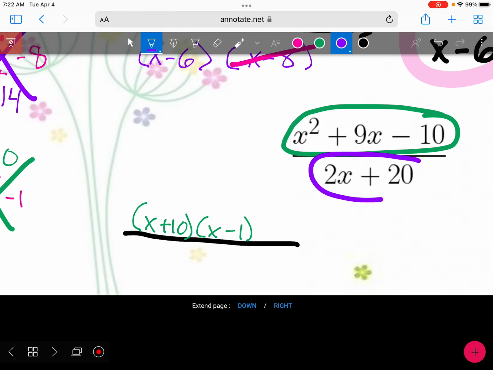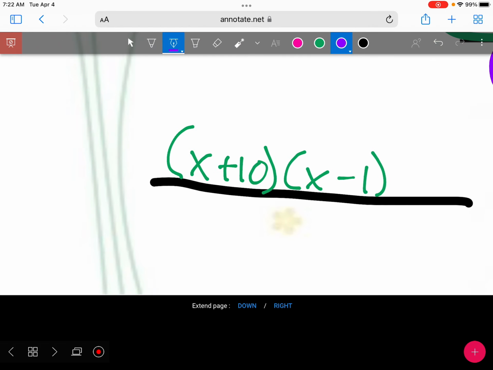Same process on our denominator. What do we do here? GCF. Yeah, what's our GCF? 2. What do we have left over when I remove a 2? Careful. You've only taken the 2 out of one piece there.